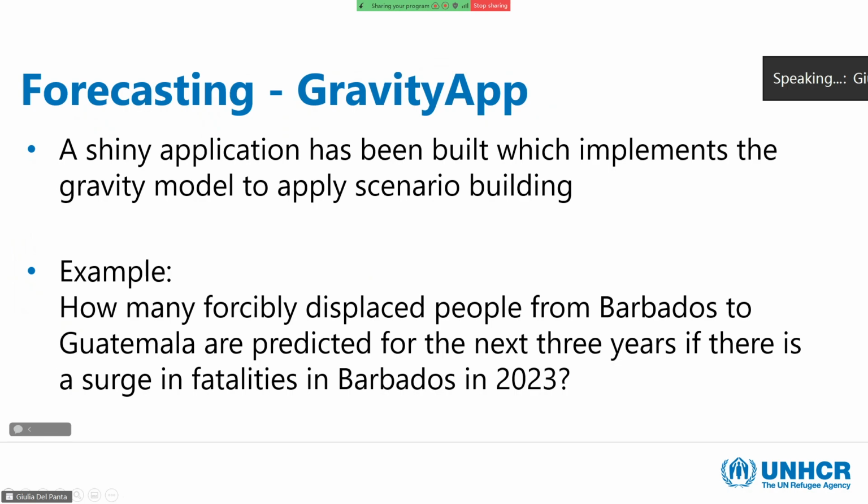And they can check, for example, if the fatalities in Barbados in 2023 will rise by 30,000, how will this affect the forcibly displaced people that go out of Barbados and into Guatemala? Like, by how much will these increase in the next 3 years? So yeah, this is basically a tool that helps them in this planning figure discussion.